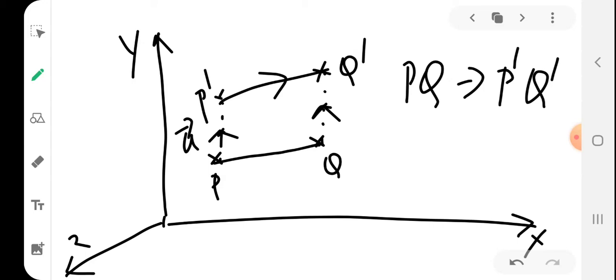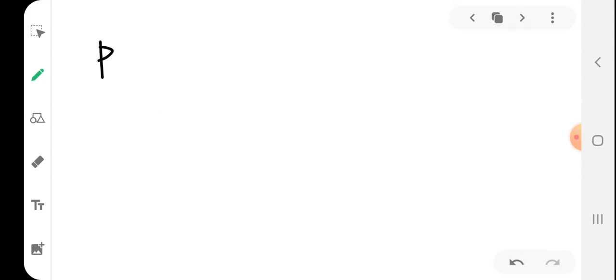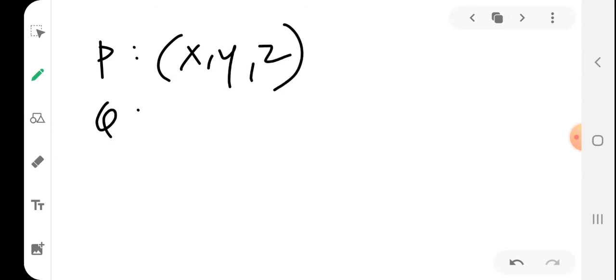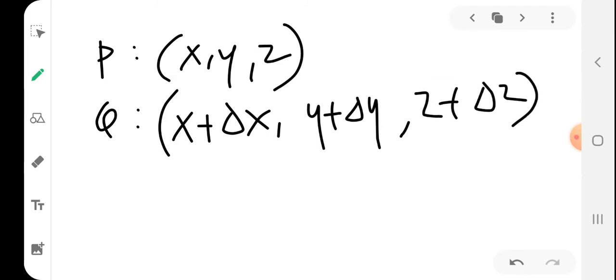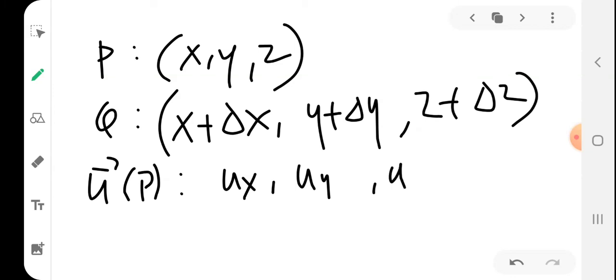Okay. Now I will show you. Suppose P is a point with the coordinates x, y, z. Q is another point with coordinates x plus delta x, y plus delta y, z plus delta z. Suppose u vector is the displacement vector at P. Suppose its components are ux, uy, uz.